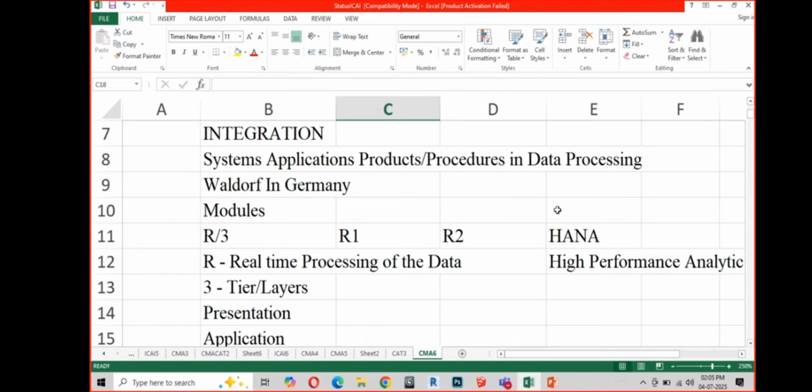I have been associated with a couple of projects in this ECC to HANA transformation, and let me tell you, it is not as easy as it looks. A lot of things have to be taken into consideration before the earlier SAP implementations can have a changeover. So this is about your HANA.